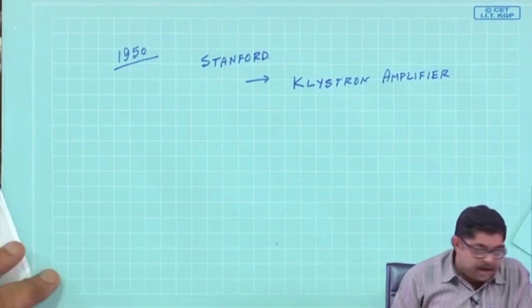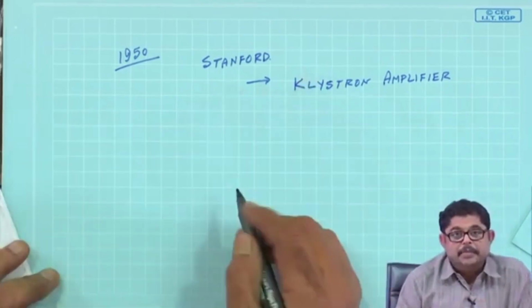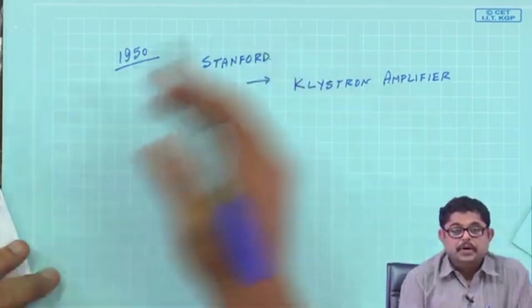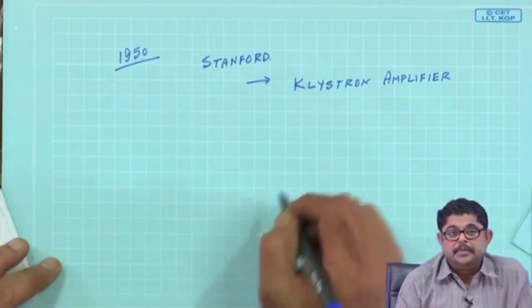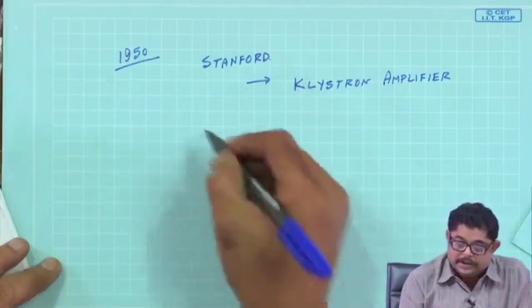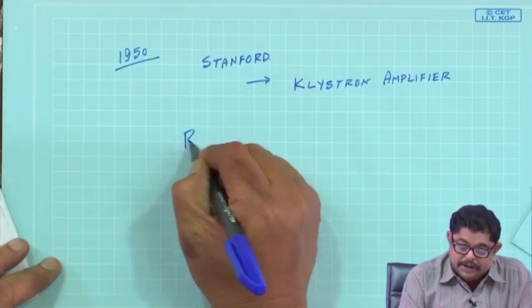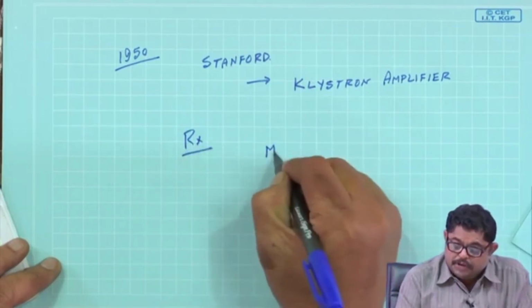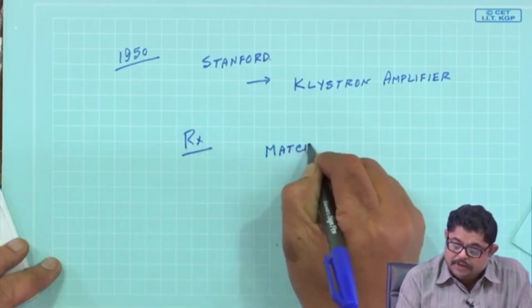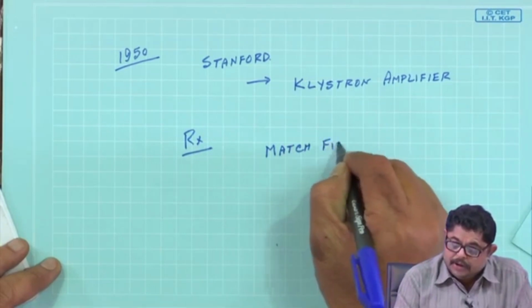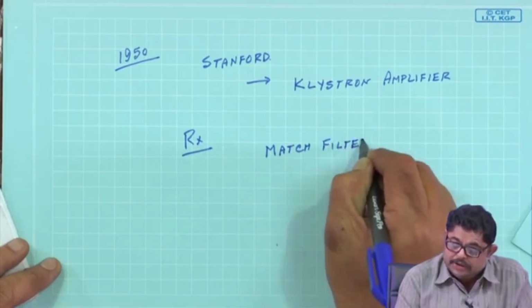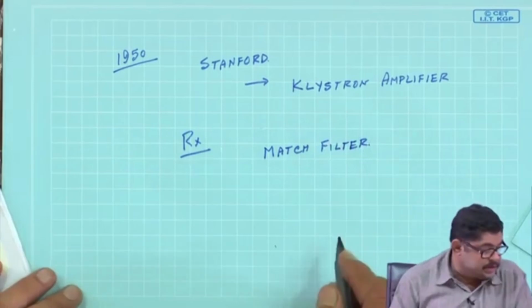technology ready, and through the whole effort of radar people at MIT and elsewhere, the receiver technology was also improved. The matched filter was developed by radar people. For very low SNR detection, this matched filter is necessary.